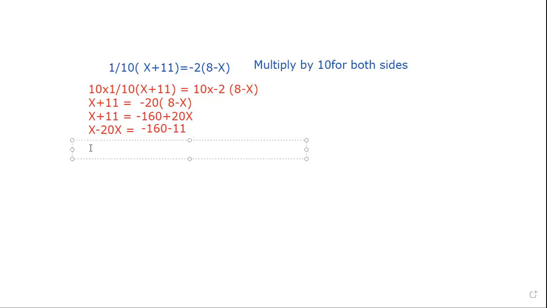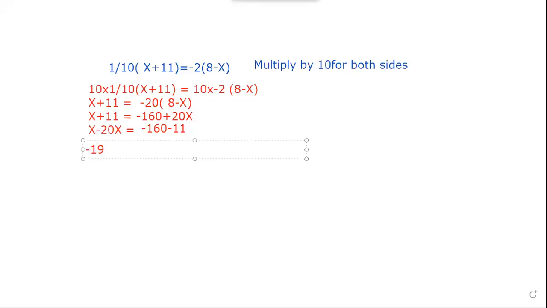X minus 20x, it will be what, Adam? X means what? 1, right? So 1 minus 20 will be what? Negative 19x. Yes, exactly.